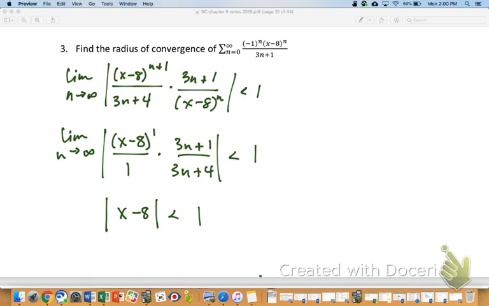So let's think this over. There's a very simple way to do this, but let's think this over. What numbers would work for x to make this true? 9, because 9 minus 8 is 1. Anything bigger than 9, though, would be false, wouldn't it? So 9 works.